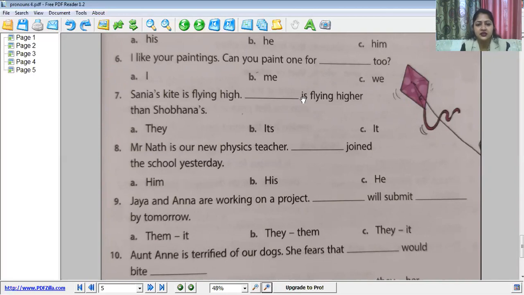Sania's kite is flying high. Dash is flying higher than Shobna's. It is flying higher than Shobna's. It, the C option. Mr. Nath is our new physics teacher. Dash joined the school yesterday. He joined the school yesterday.